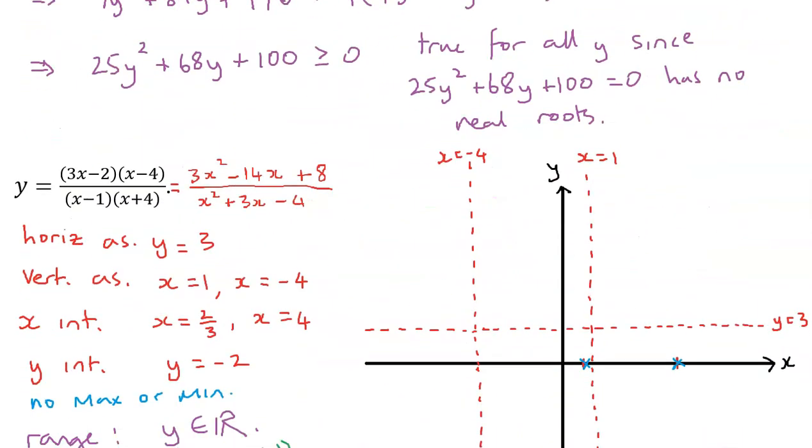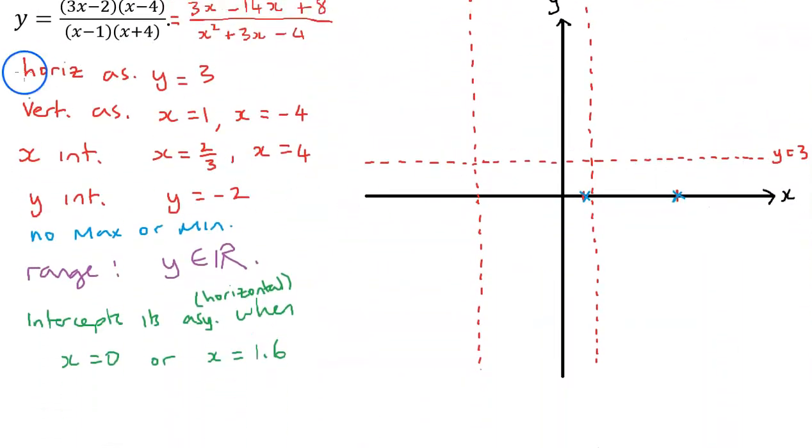So let's go down and correct that. It intercepts its horizontal asymptote when x is equal to 20 over 23. That is bigger than x equals 2/3, so it's going to be here. And that makes a lot more sense, since it should be getting closer and closer to the vertical asymptote at that point.